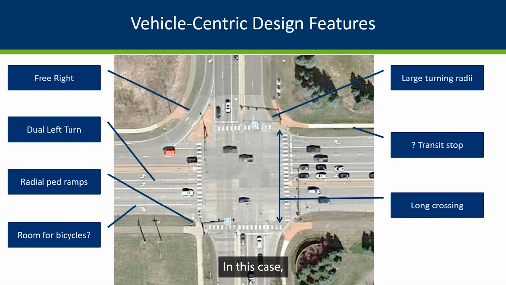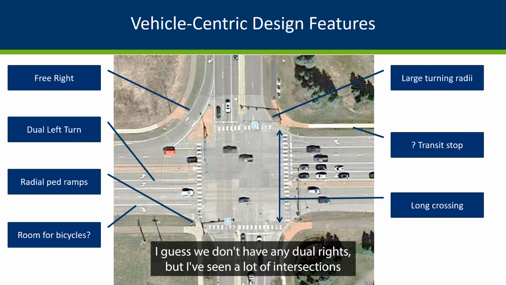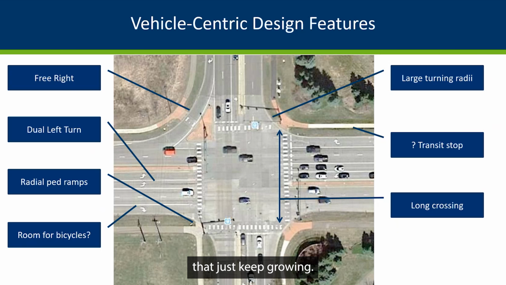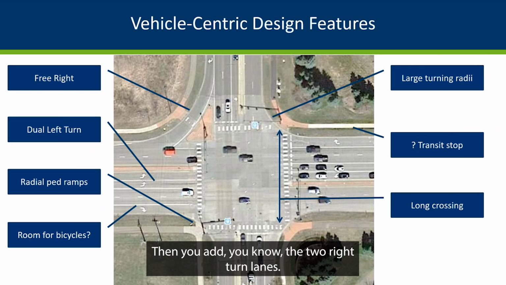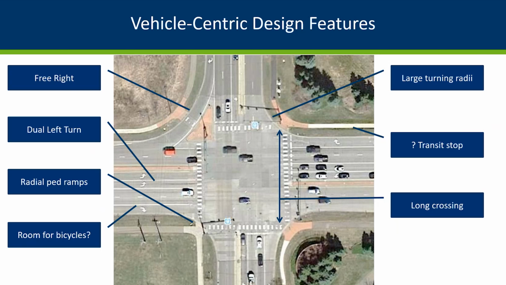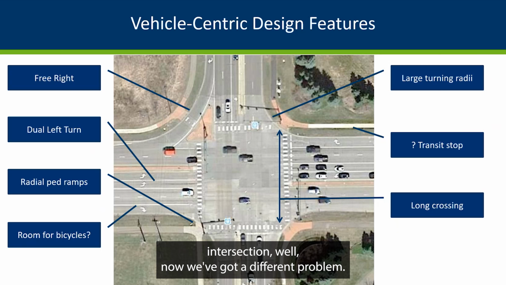In this case, I guess we don't have any dual rights, but I've seen a lot of intersections that just keep growing. You've got 2 turn lanes in every single approach, then you add the 2 right turn lanes, and so if you keep using that, you can't get a crossing at any intersection. Well, now we've got a different problem.